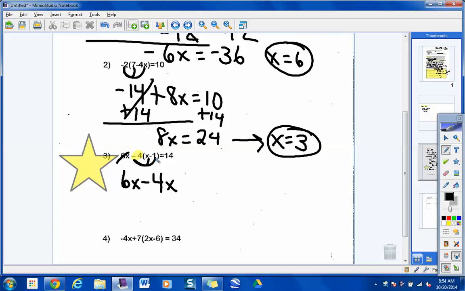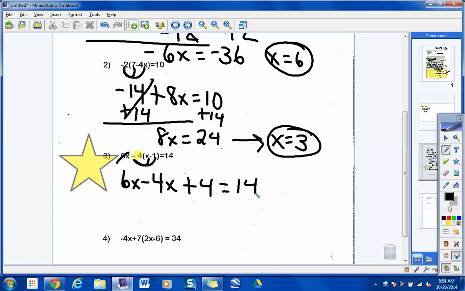So what's going to come in after that? Negative times a negative. Shout it out, peeps. Not negative. Plus 4, right? Good. Parentheses are gone. Step 1, right?